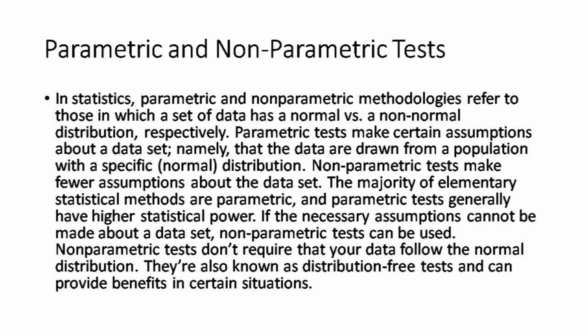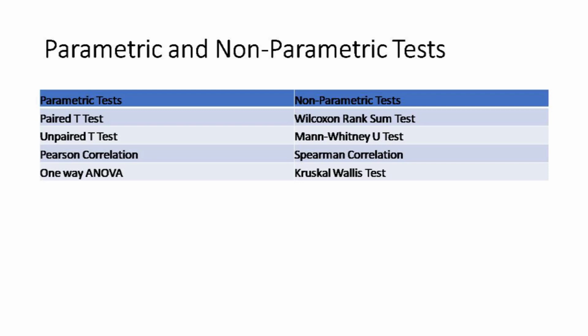Majorly, when we have quantitative data, then we go with parametric tests. However, if we have some qualitative data, then we may switch over to non-parametric tests. So here's the table of parametric and non-parametric tests.